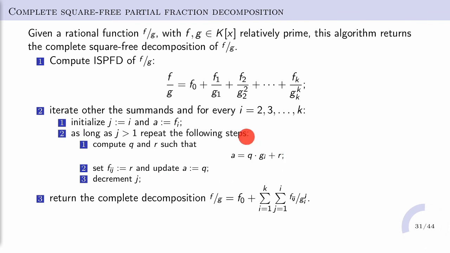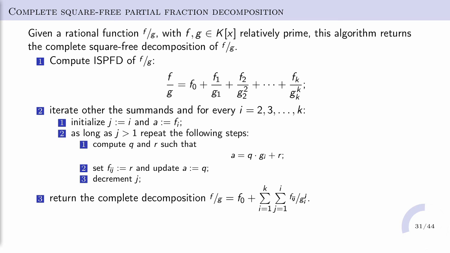For every such summand, we have another loop where j starts from the exponent and goes down to 1, and one by one we split off consecutive fractions. This will eventually produce this expression.